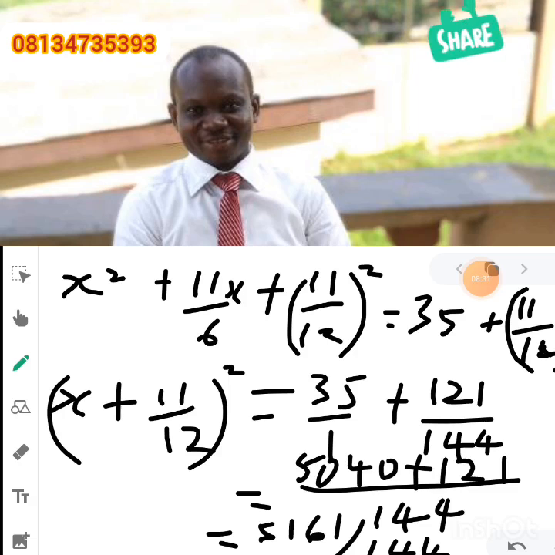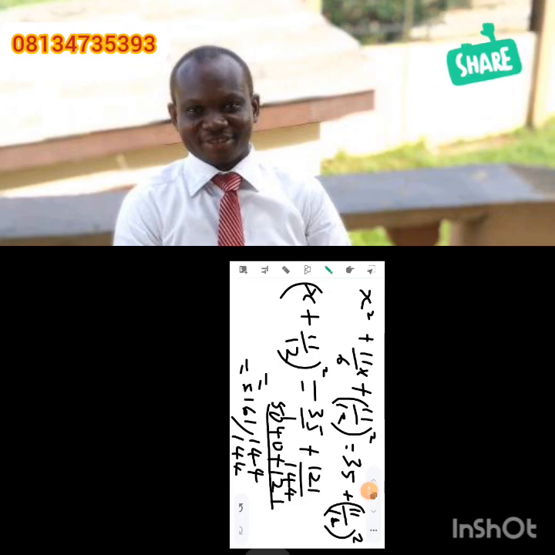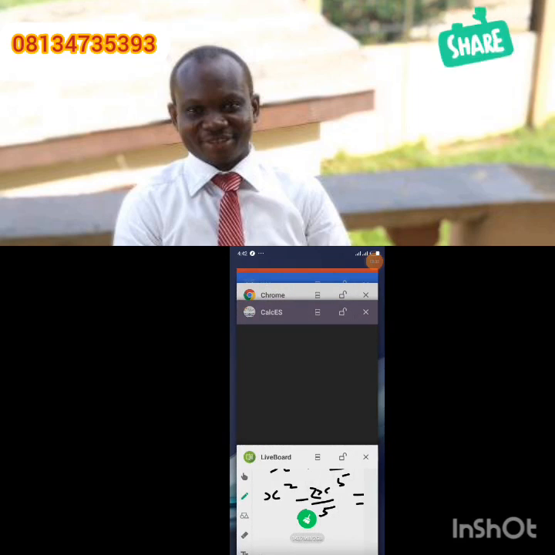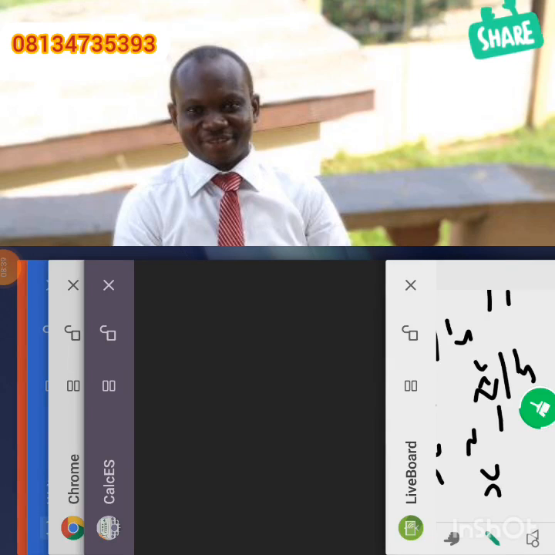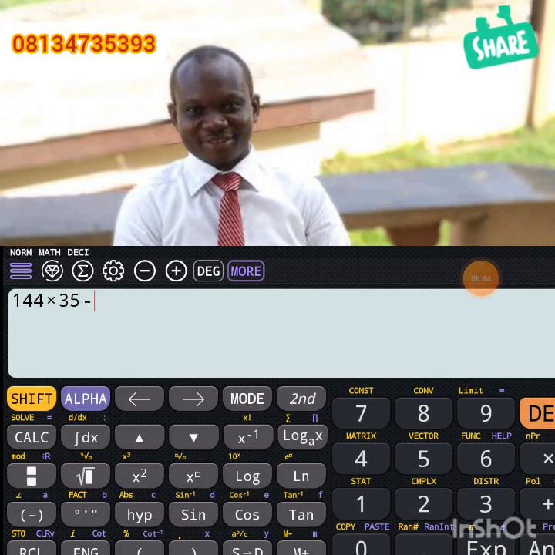Okay. Let's check whether this can easily cut each other. So 5161 divided by 144. If that is not the case, we can do something with that. Okay, 5161 divided by 144. Oh, that's a decimal, so it cannot be easily divided.